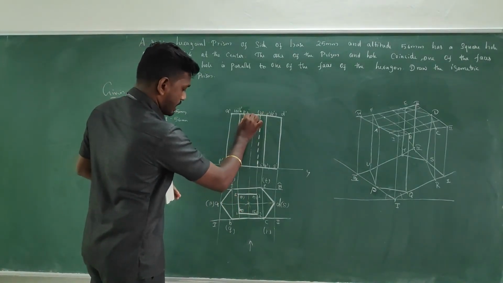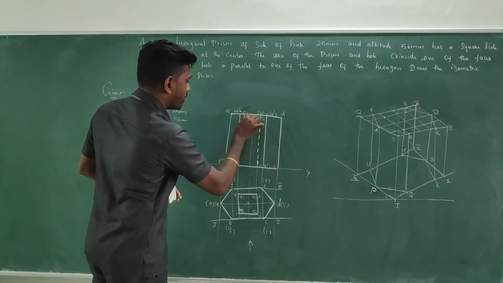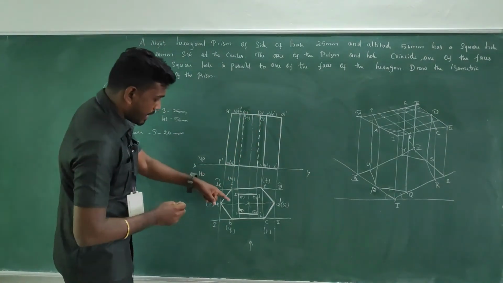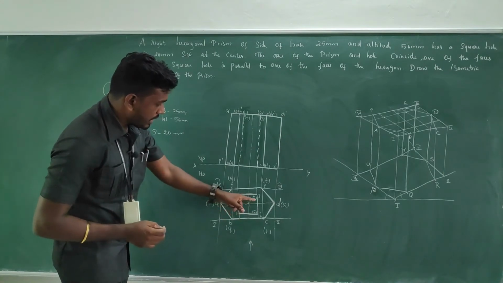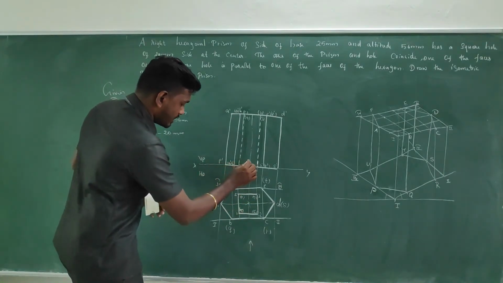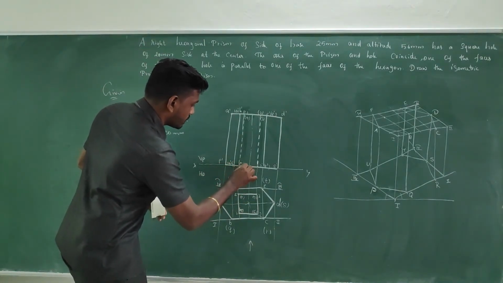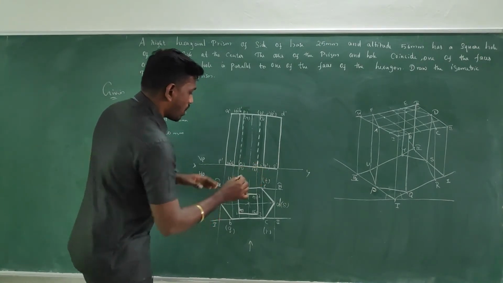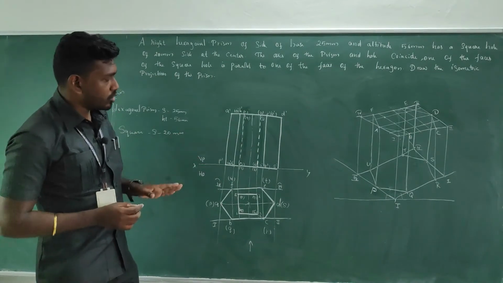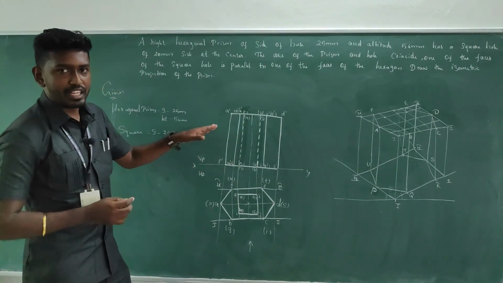It's an invisible edge, right? You need to mark here. And then in the bottom base, 5, 6 and 7 and 8 will be invisible here. All the lines are invisible. That also you need to specify in the front view.